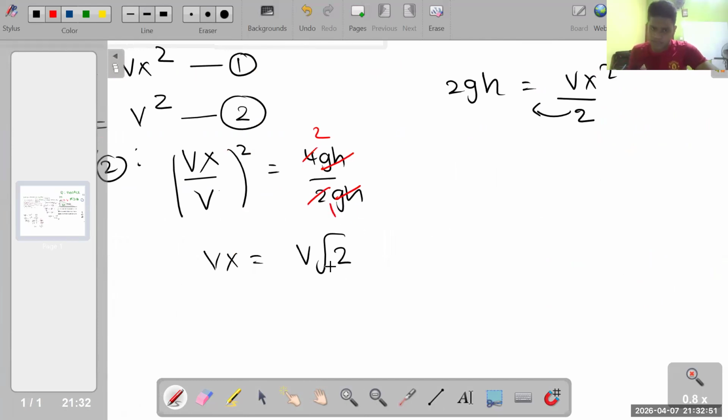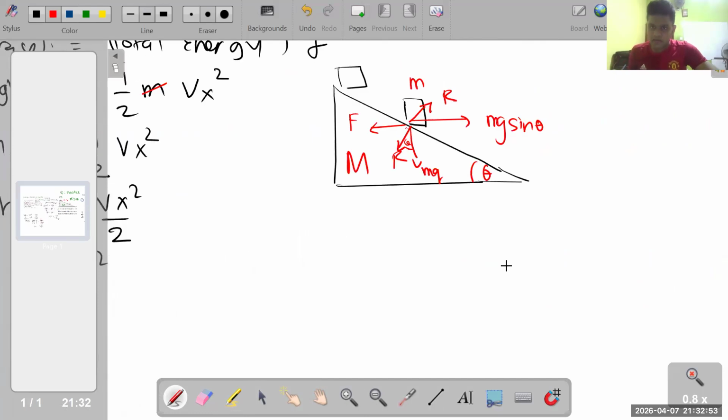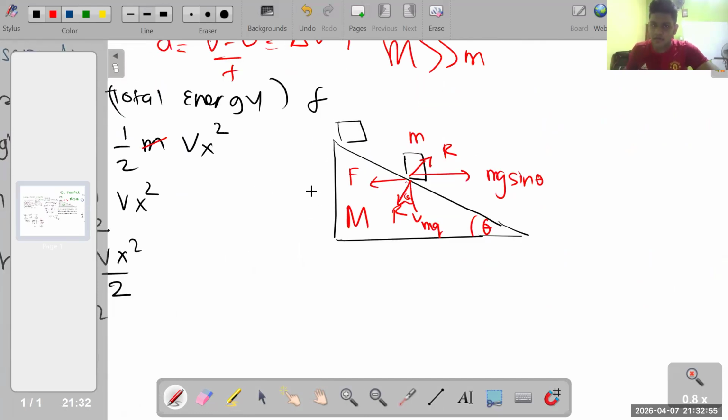But we didn't consider this force scenario. If we consider this force theory also, we can say that actually the velocity would be slightly greater.